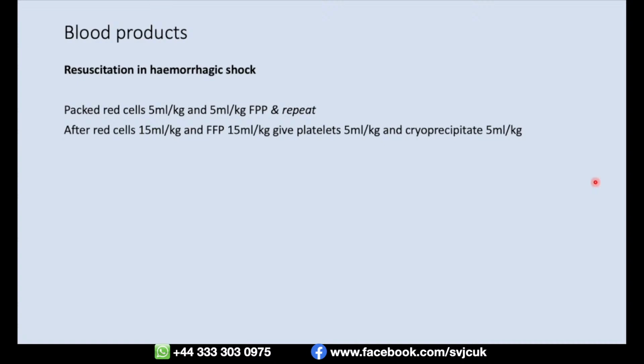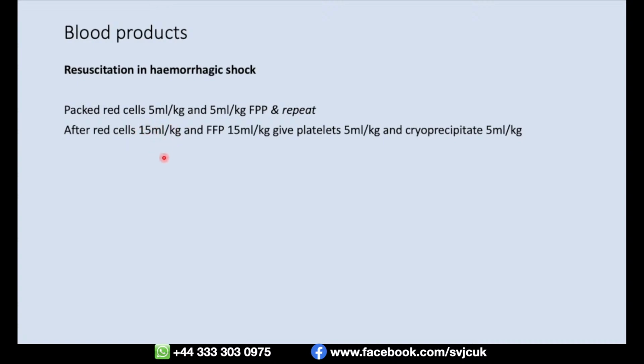And I've taken these numbers from my local hospital's major hemorrhage protocol, but the principles here are to give small amounts and reassess and repeat, and also to give a balanced transfusion, so balanced amounts of red cells and FFP, and starting to give platelets and cryoprecipitate, so a concentrated fibrinogen source, once you've given about 3 lots of red cells.